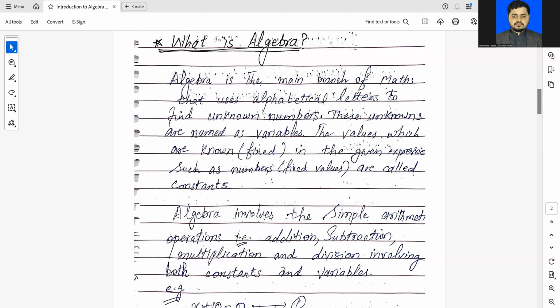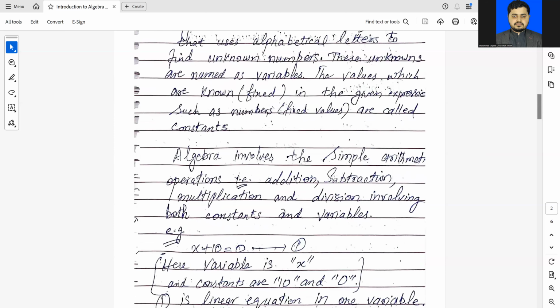These unknowns are named as variables. These values, which are known or fixed in the given expression, such as numbers or fixed values, are called constants.